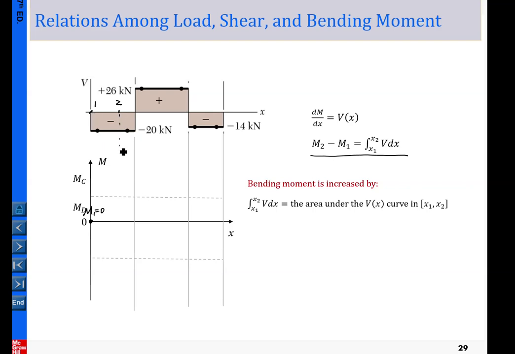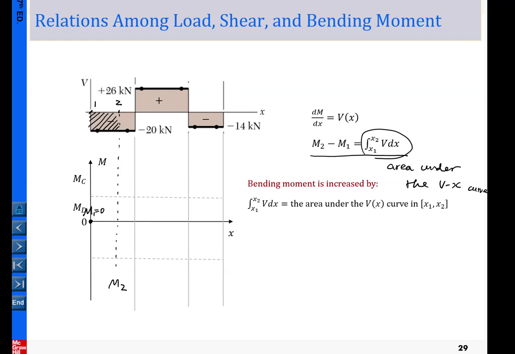And now I want to look for the value of M2. Then I simply put into this equation M2 minus M1 equal to this. What is this? This is the area under the V versus X curve, the area enclosed by the shear force curve.